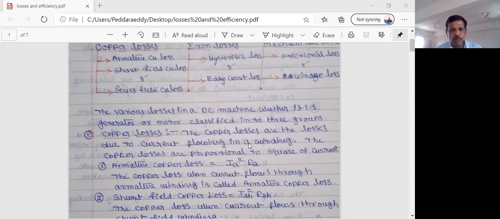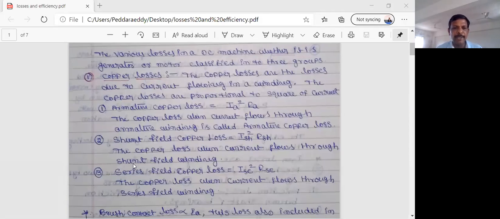When current flows through a copper winding, there will be some losses, and these are called copper losses. The copper losses are proportional to the square of the current.